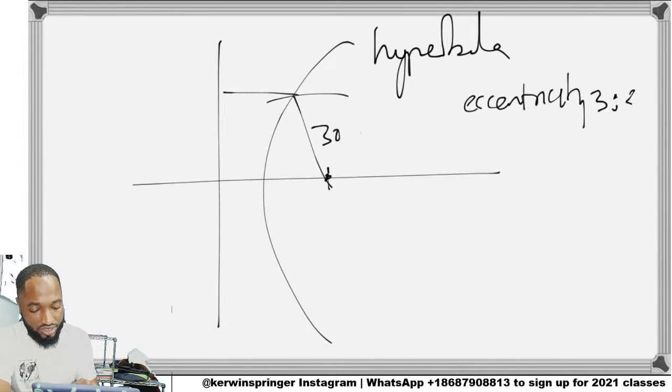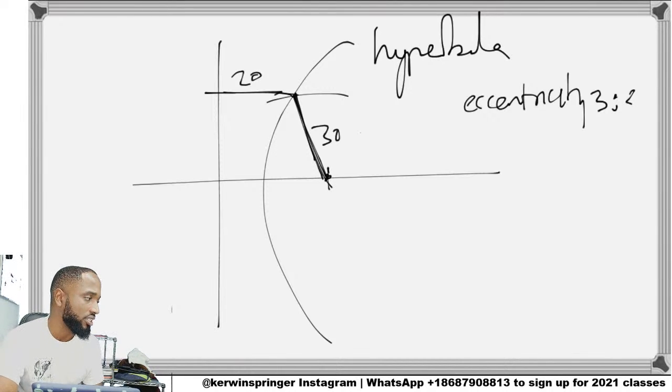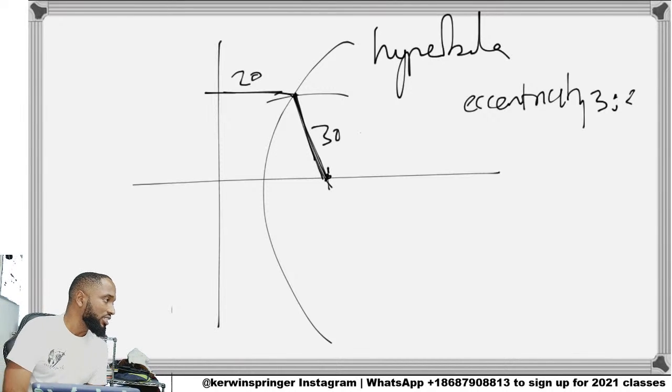This is the first number, this is the second number. So this will have to be 20. 3 to 2, that's what they mean. Common kind of question to ask. Tell me in the chat if you're understanding this.